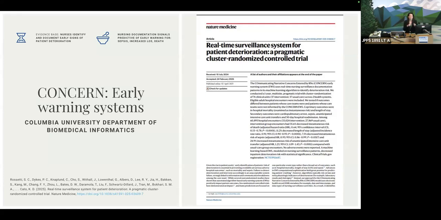Maybe you've added more PRNs, or you've used fewer PRN medications for that person. So these predictive pieces are being fed into some machine learning, and it's predicting patient deterioration often better than our traditional early warning systems that may be in place.